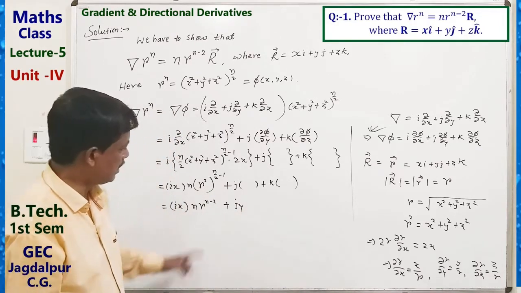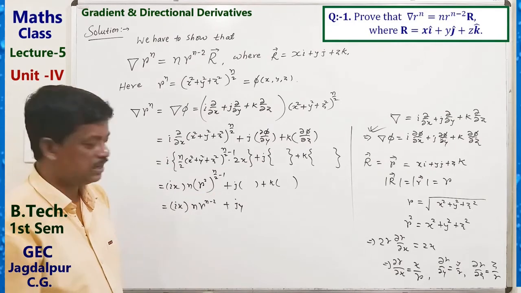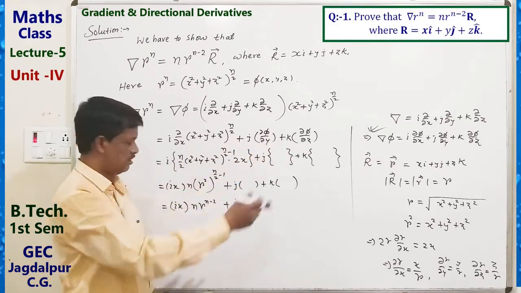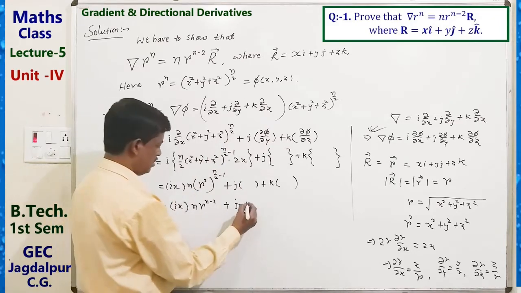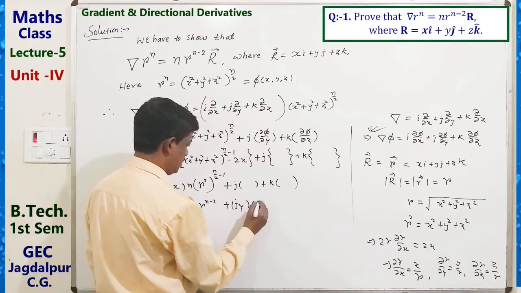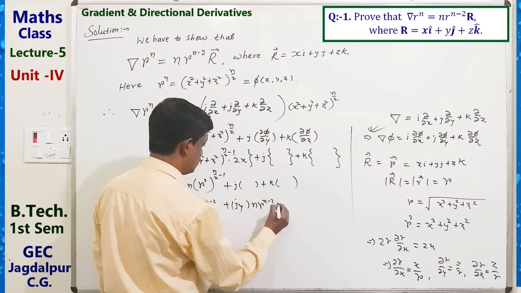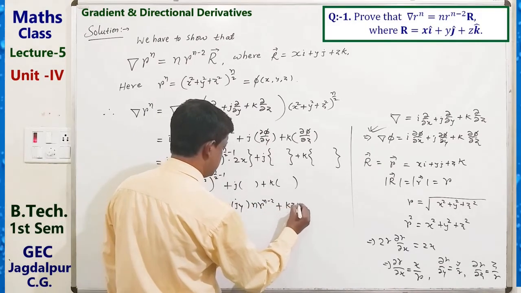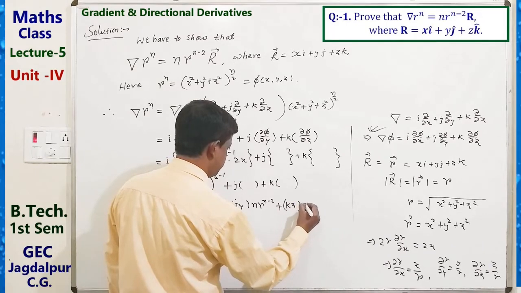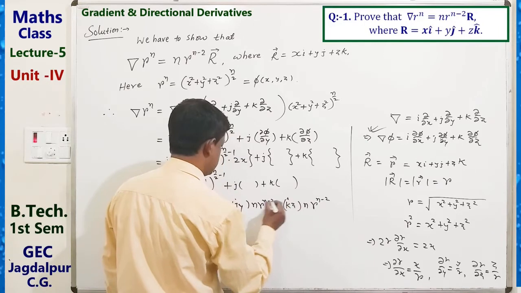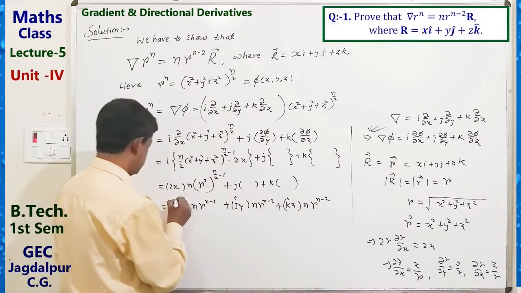Similarly, we can write its value similarly because it is symmetric in x, y, z. So here x, here y, and n r^(n−2) plus k z n r^(n−2).